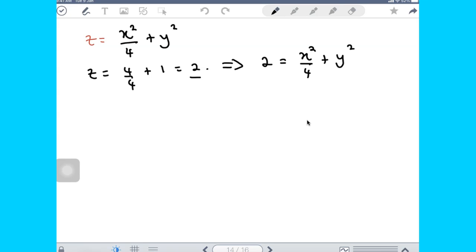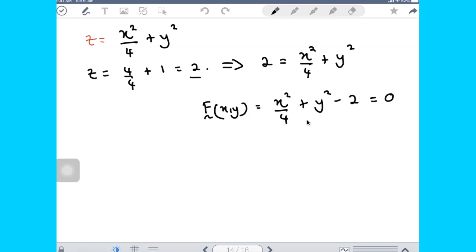Okay, so in this case, you have to make it equal to 0. Okay, so you have some sort of implicit function where now your function is in terms of x and y, where you have x squared over 4 plus y squared minus 2. Then you have the implicit function.